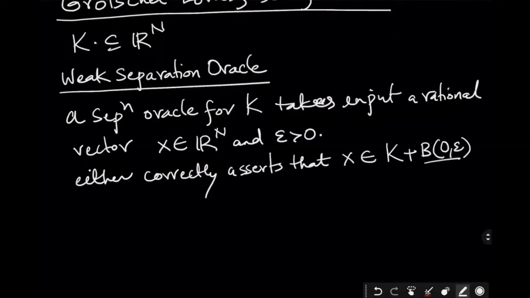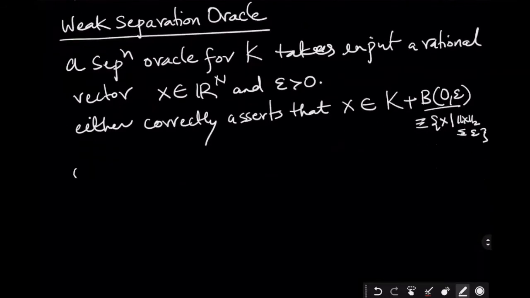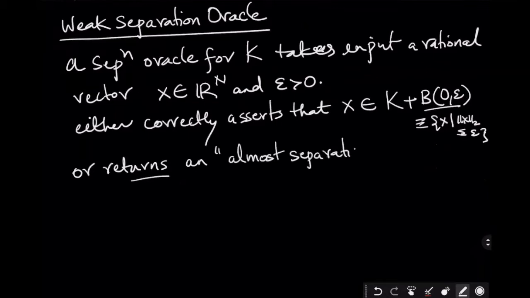This is the set of all vectors x such that the L2 norm of x is at most epsilon. And so either this primitive correctly asserts that x actually lives in K plus a tiny ball, so like a tiny enlargement of this set K that you began with, or it returns an almost separating hyperplane.